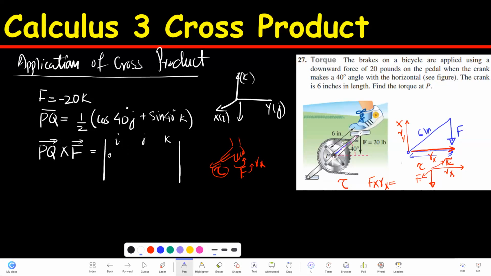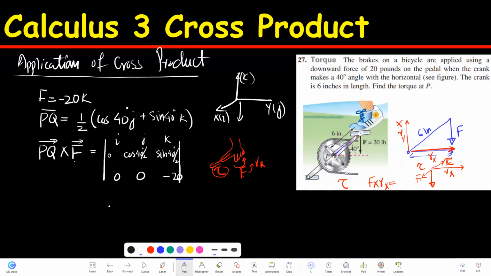And I'm going to substitute the values here: 0, then cos 40 degrees divided by 2, then sine 40 degrees divided by 2. All I did was take these two components one by one and substitute them. The last part, force, doesn't have any vector besides K. So I'm going to say 0, 0, 0, 0, and then minus.